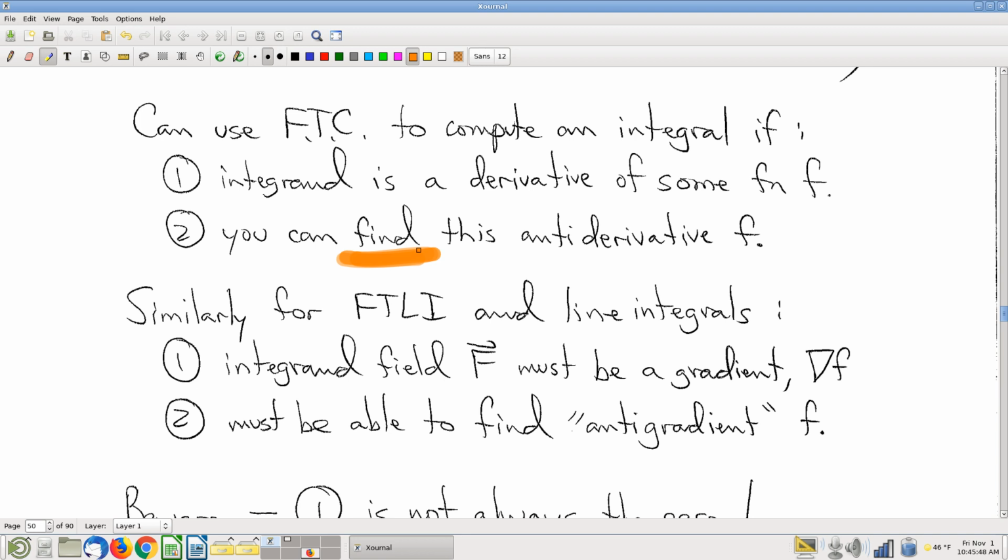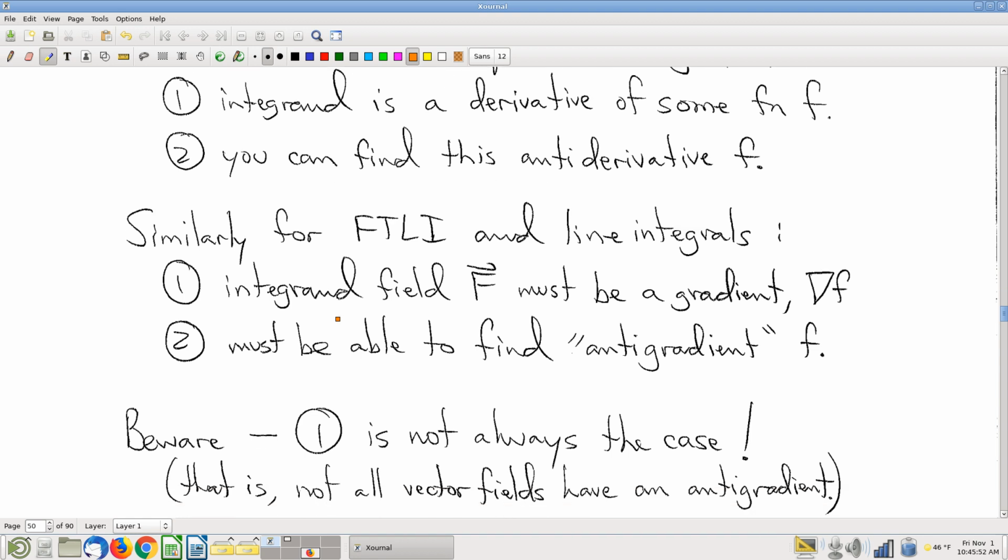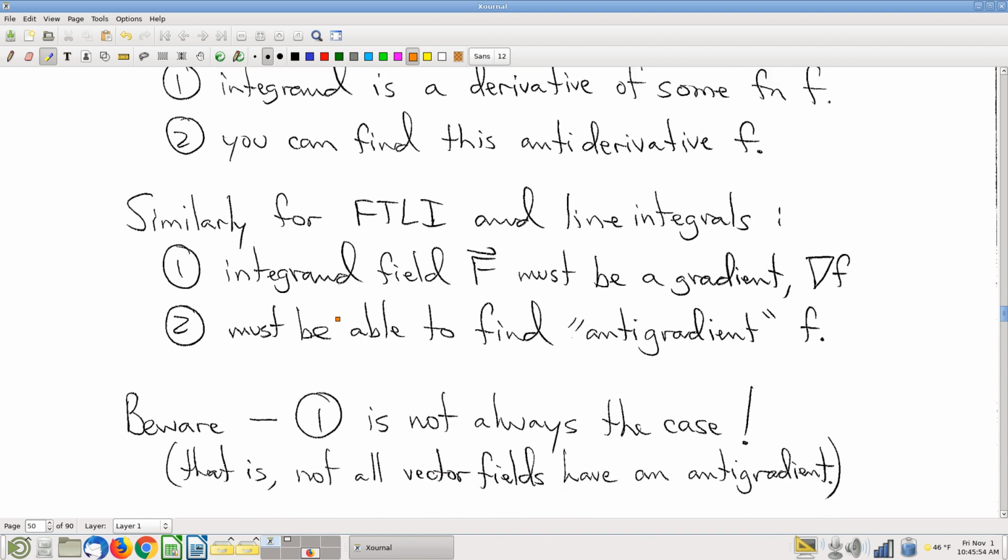So the first thing I want to point out here is this is not analogous. It remains that I've got to be able to find not an antiderivative, I've got to be able to find the function. I've got to find the thing whose gradient is my integrand. So I've got to be able to find the anti-gradient, I like to call it, right?